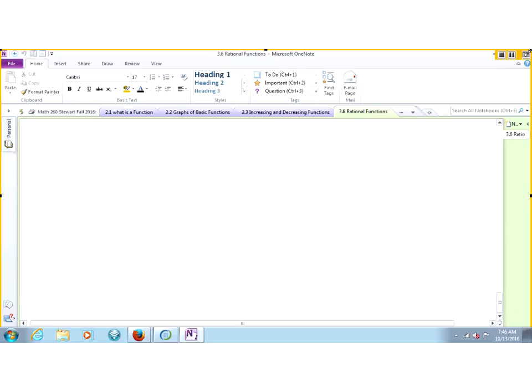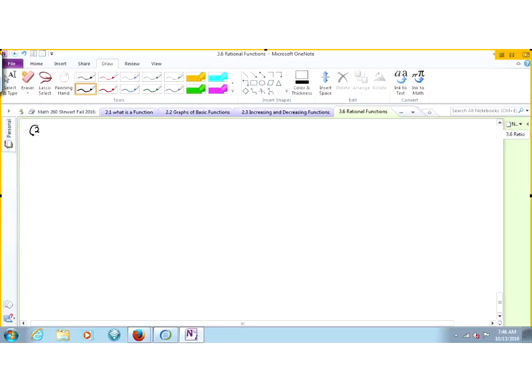So let's do number 2 first. R of x is equal to 2x squared plus 10x minus 12. Oh, is this the one we already did? Oh, okay, sorry. So let's do this one then.